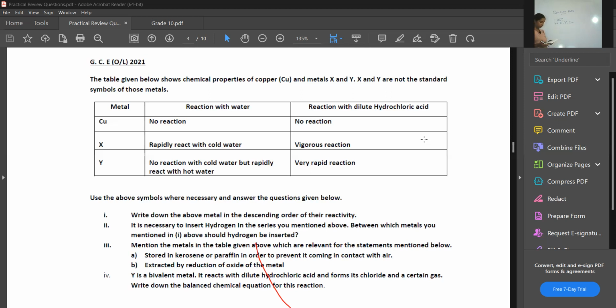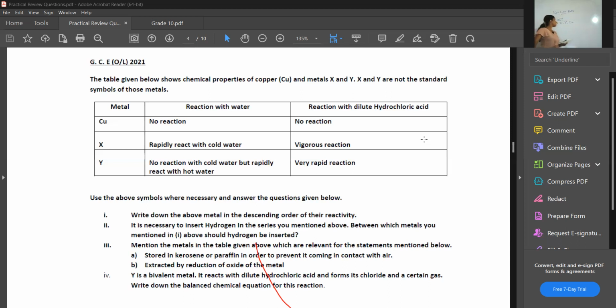X, Y, copper. It is necessary to insert hydrogen in the series you mentioned above, right? Between which metals you mentioned in 1, should hydrogen be inserted? If we want to insert hydrogen here, between which metals do we put hydrogen?